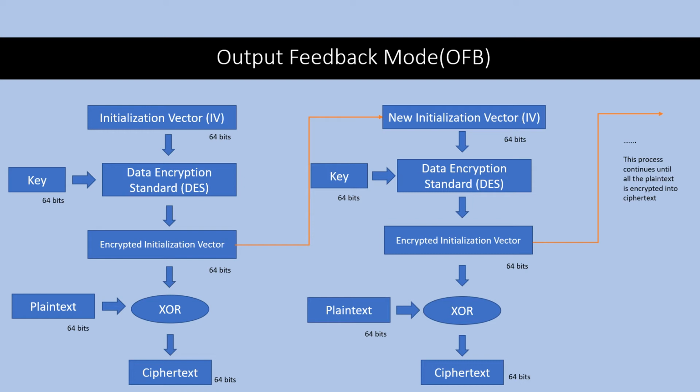This new initialization vector will then be encrypted with the key to produce another new encrypted initialization vector, which will then be used to perform an XOR operation with the plain text to produce the ciphertext. Once again, the encrypted initialization vector will then be fed into the next cycle or process. This process will continue until all the plain text is encrypted into ciphertext.